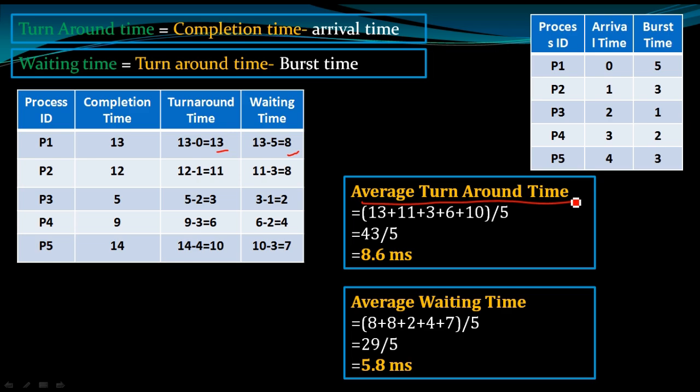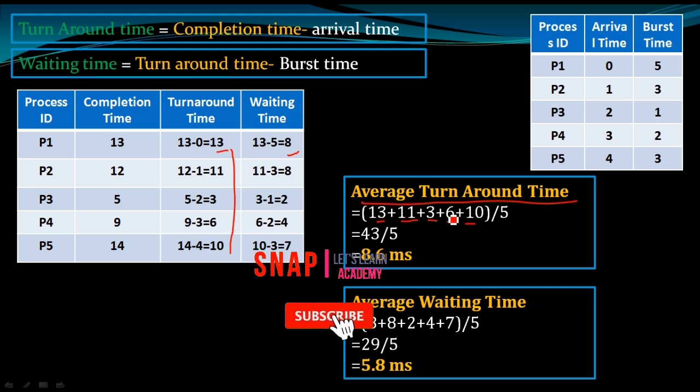Now 13, 11, 3, 6 and 10. These are the values of the turnaround time. We are calculating the average turnaround time, so we add all these individual turnaround times and get 43.